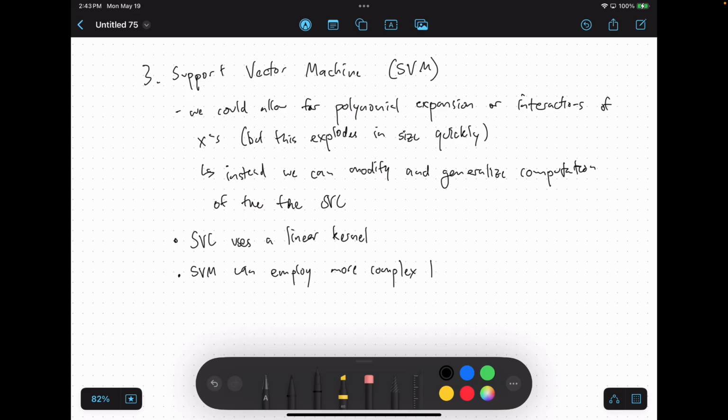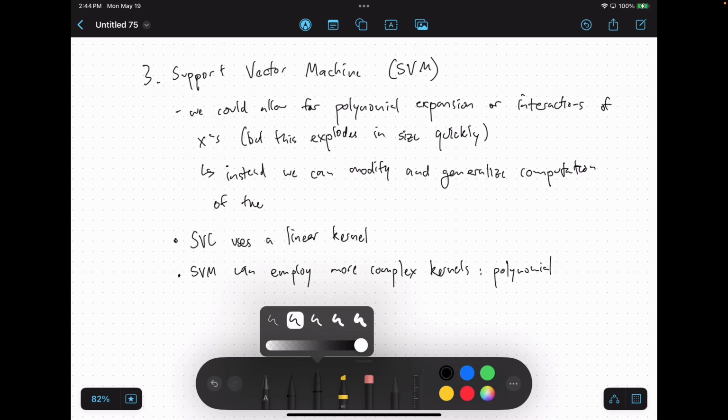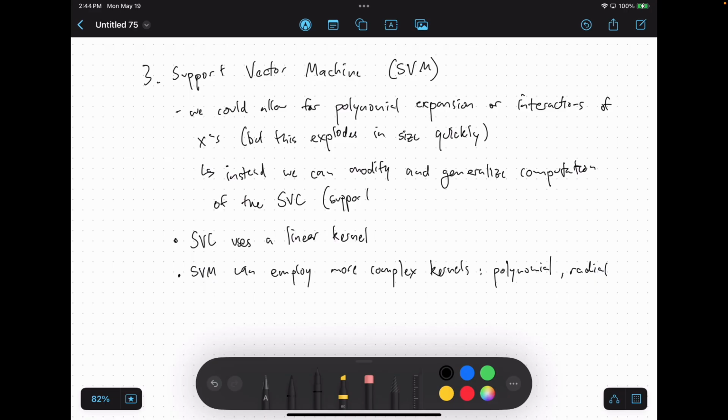Instead, we can modify and generalize the computation of the SVC. Is that the previous tool we looked at? Yep. So that is the support vector classifier.